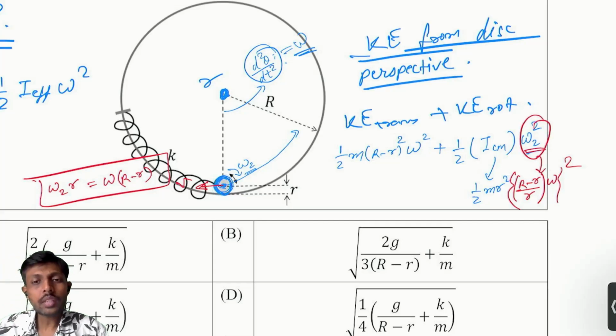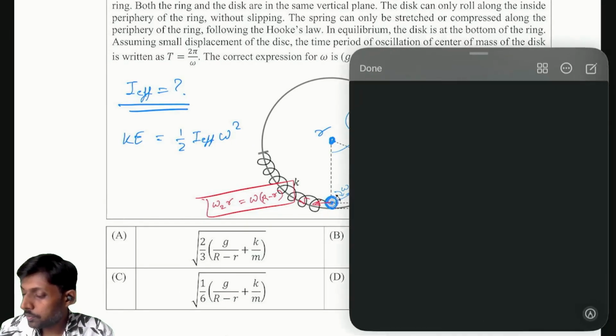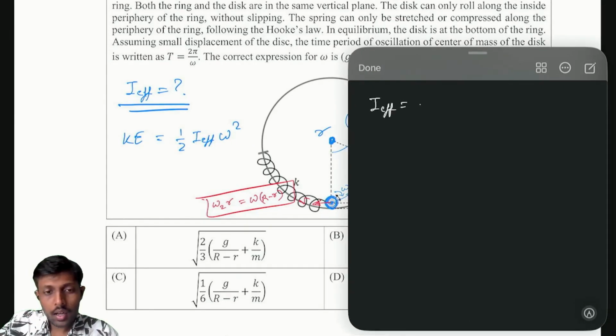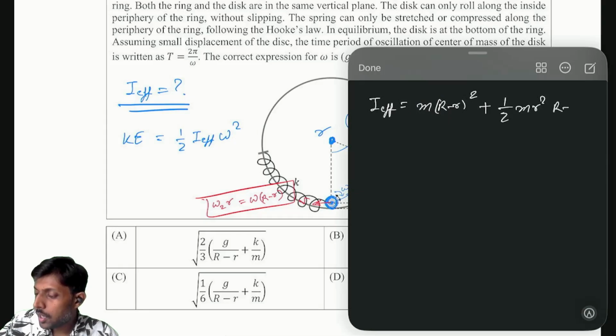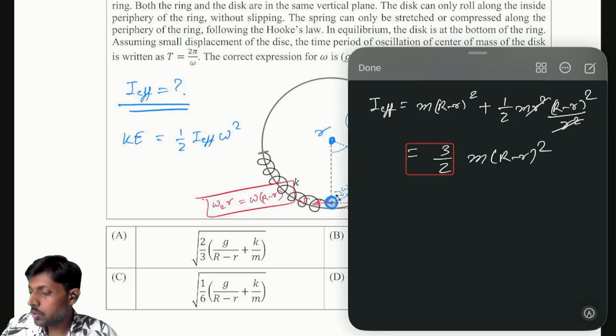When you do all this substitution, you would get I effective as, I'm directly going to write down, I effective would be m (R minus r) whole square plus half m r square (R minus r) upon r, whole square, where r square gets cancelled, and eventually 1 plus 1 by 2 is 3 by 2 m (R minus r) whole square.